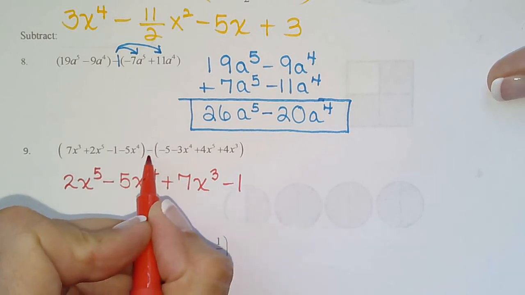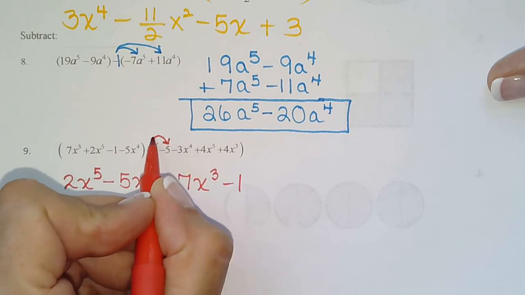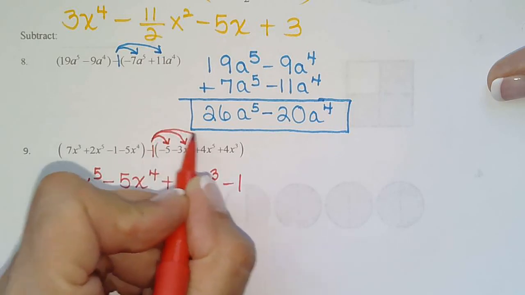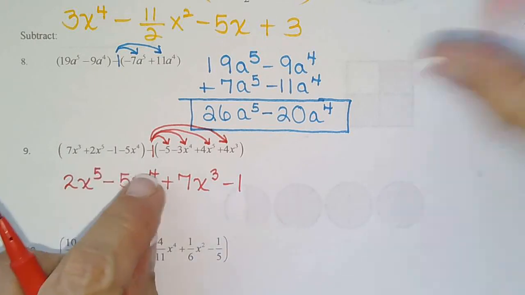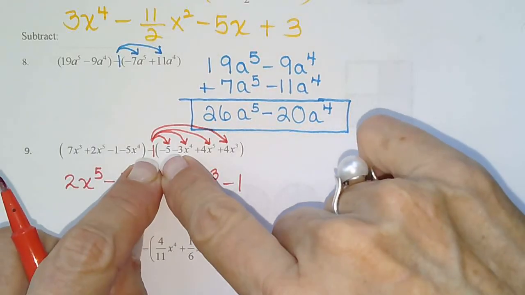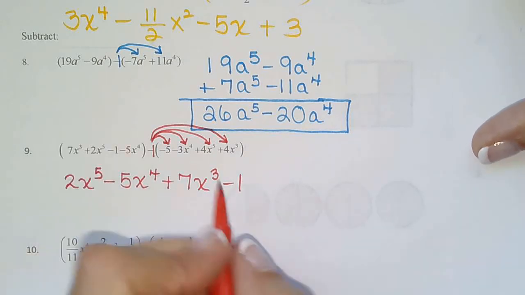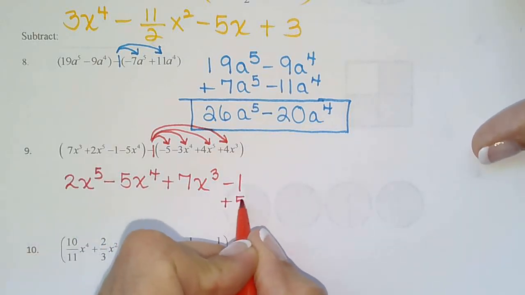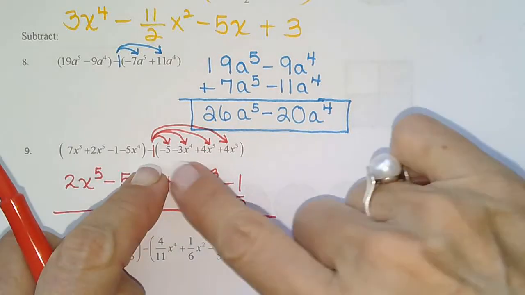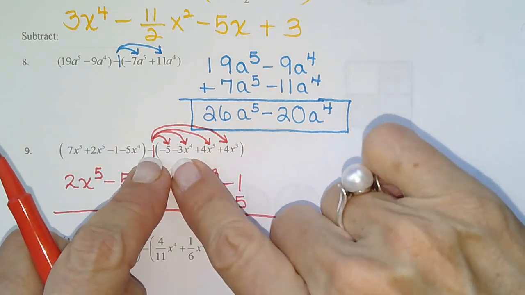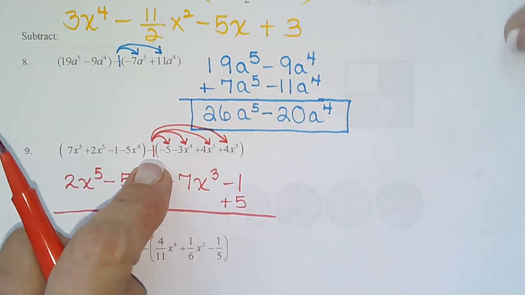So look at that negative. Distribute. And then as you distribute, line up the term underneath its like term. So negative 1 times negative 5 is positive 5. It's a constant, so it goes under the constant term. Negative 1 times negative 3x to the 4th would be positive 3x to the 4th.